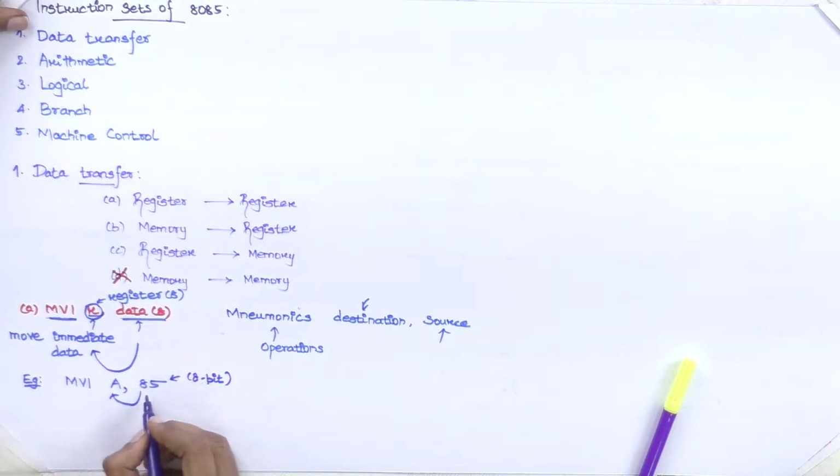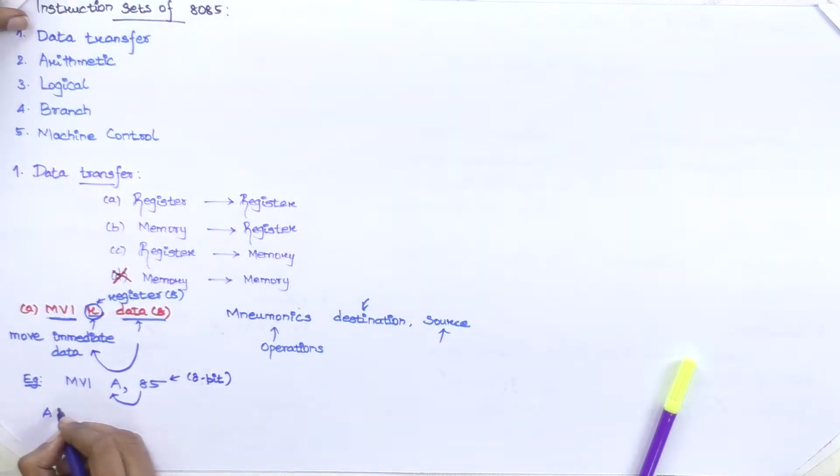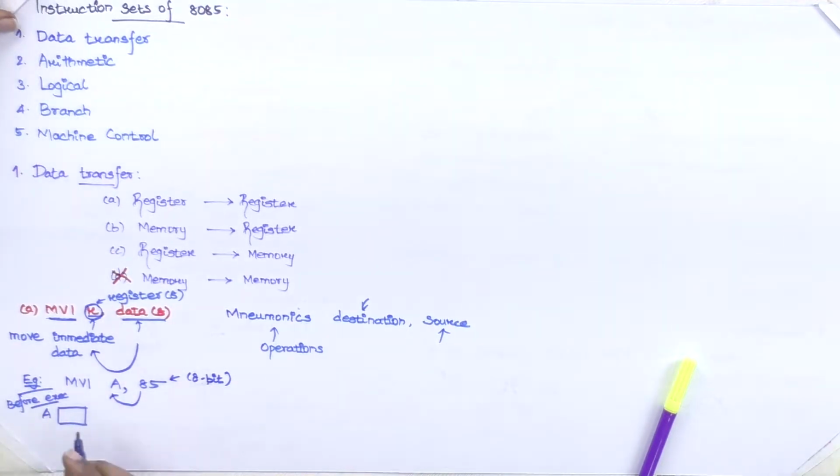So before execution, accumulator will have some other value, 54 or something. After executing this instruction, the 85 value will be moved to accumulator. This value will be replaced by 85.